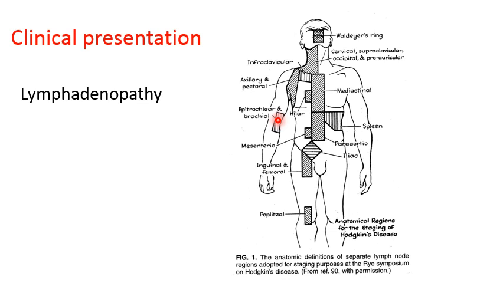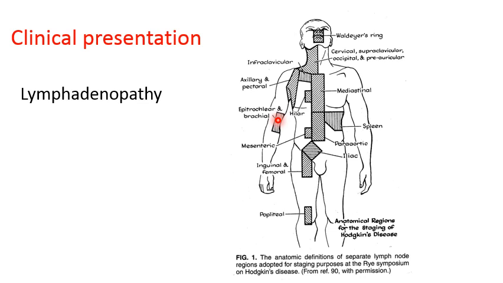Now this is very important because some time ago we encountered a young boy with PUO, and the only physical sign was this epitrochlear lymph node enlargement, and he was found to have early stage Hodgkin's lymphoma.